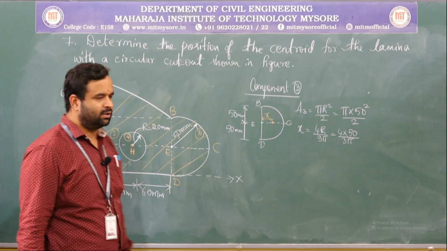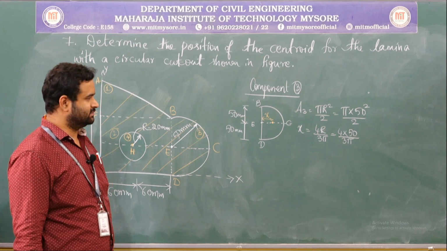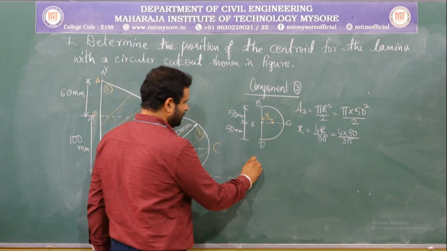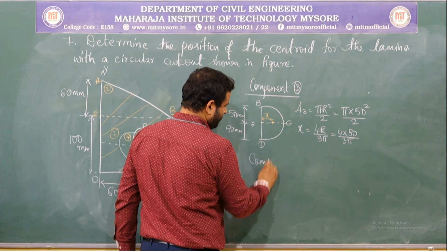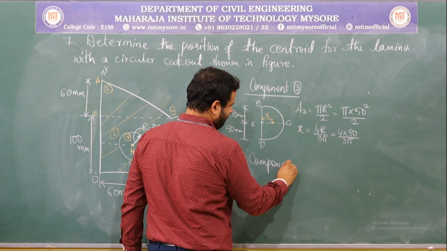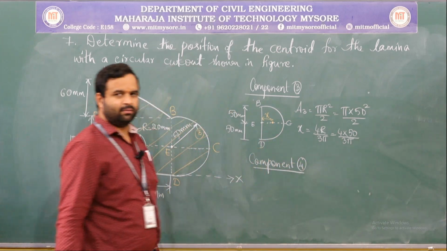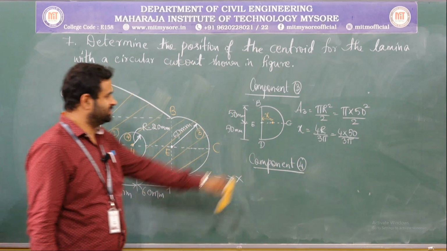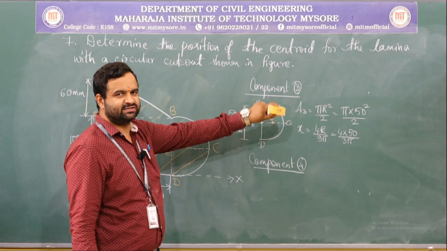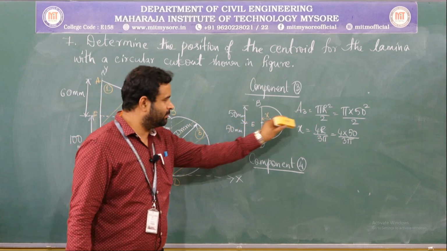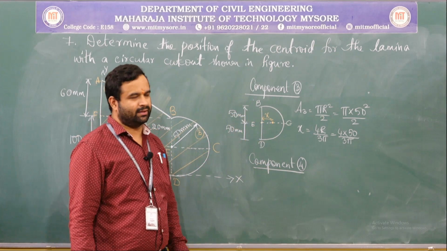So, this shall also be as it is, we shall substitute it in the same manner. And at last, the component 4. Why am I not writing y component here? Because y component for this individual section is 0 because it is symmetrical about the same axis. Okay? Because it is symmetrical about this axis, there will be no y bar.